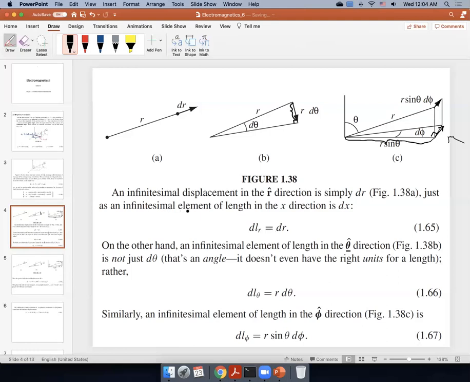So that's the way of defining the infinitesimal displacement in the three directions in spherical coordinates: r direction, theta direction, and phi direction.